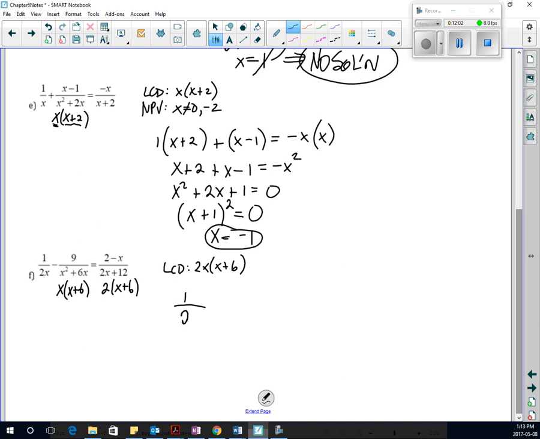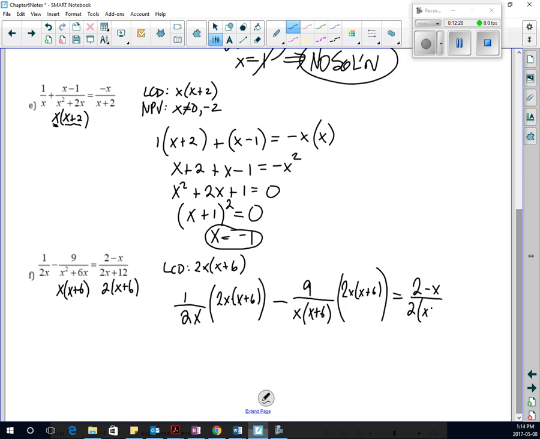So 1 over 2x, and then I'm going to times this by 2x times x plus 6, minus 9 over x times x plus 6, and then that's getting multiplied by 2x times x plus 6 equals 2 minus x over 2 bracket x plus 6, and then that's getting multiplied by 2x times x plus 6.